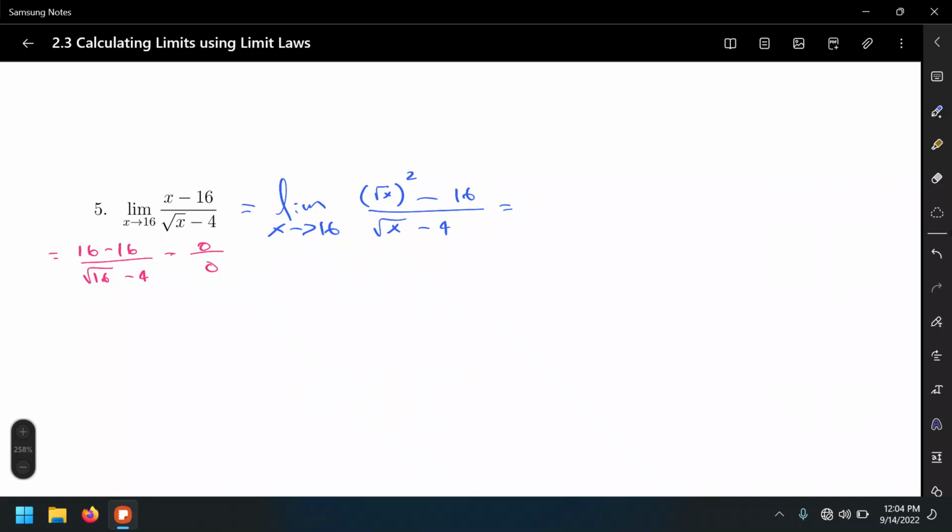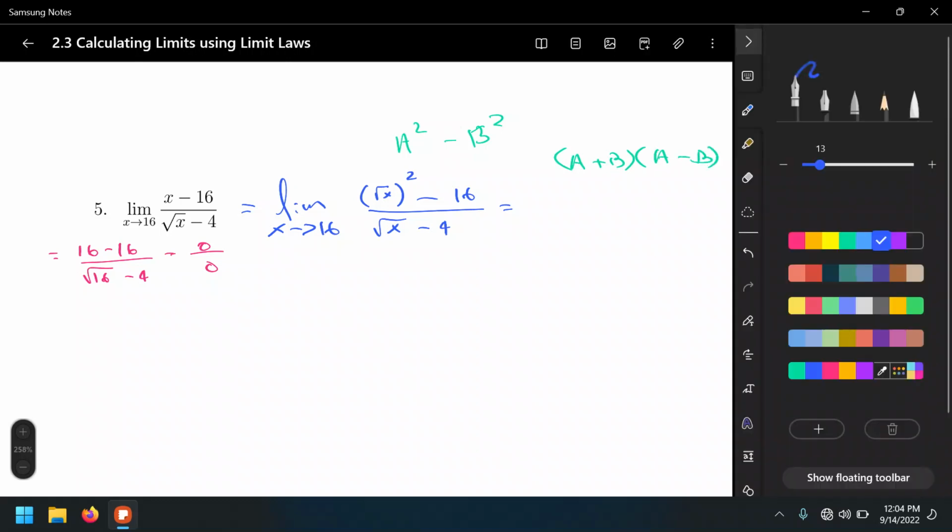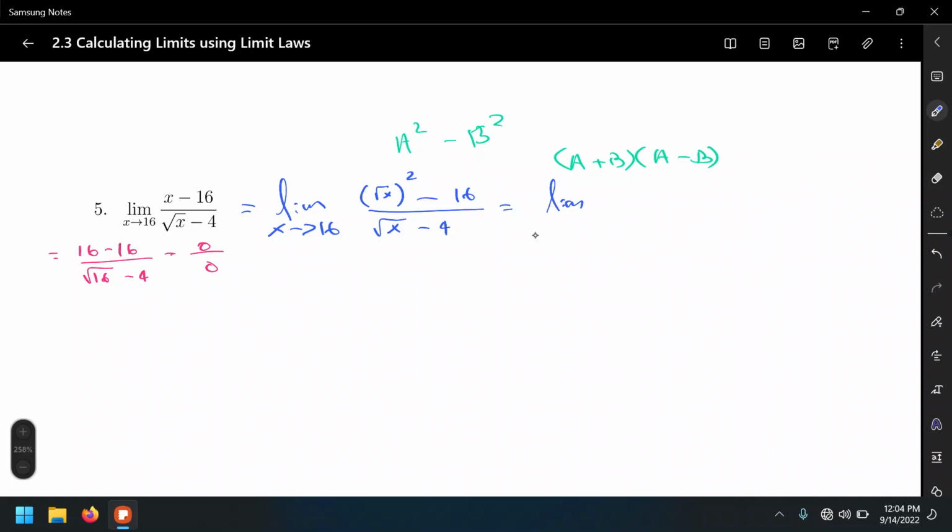And what do we have? A squared minus b squared. This is a difference of squares, and that's a plus b times a minus b. That's how we factor a difference of squares. And the limit as x approaches 16 is going to be the square root of x plus 4 times the square root of x minus 4 over the square root of x minus 4.